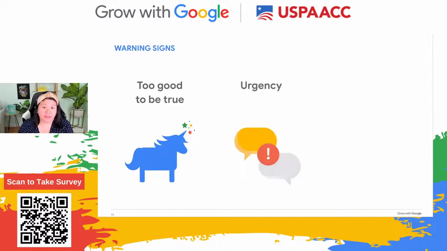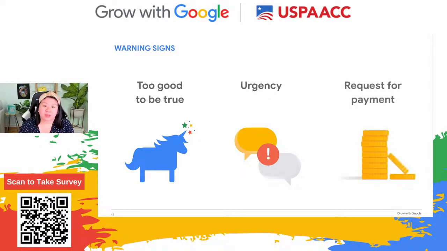Next up, there is urgency. The person you've suddenly grown close with has a sudden emergency and they need your help now. Once you've sent money, it's likely that a scammer will keep finding new urgent reasons to ask for more. Finally, there's a request for payment.